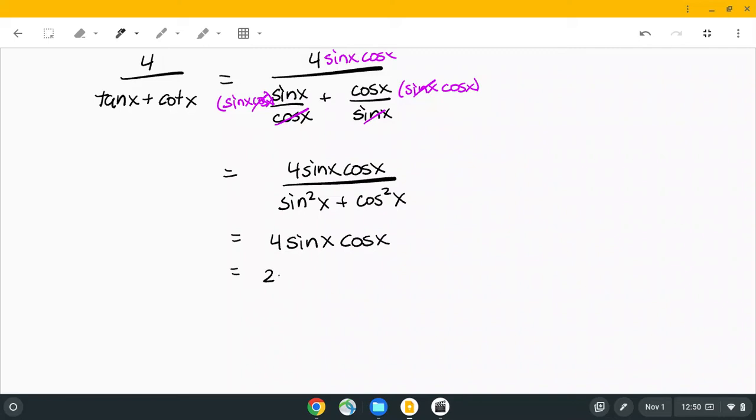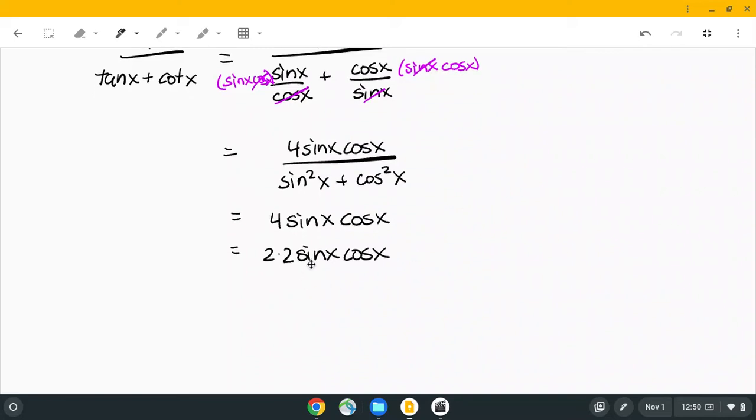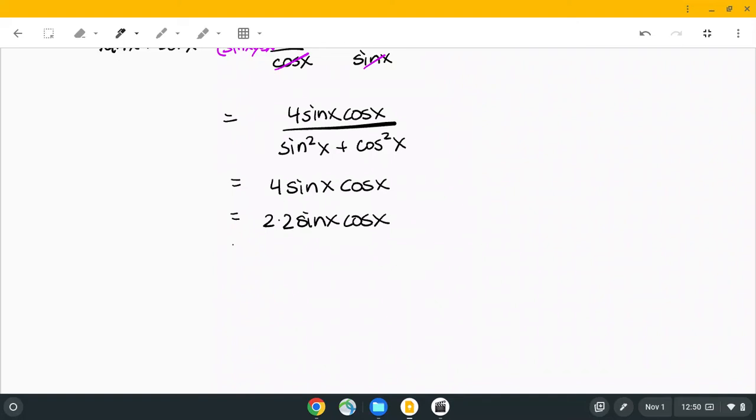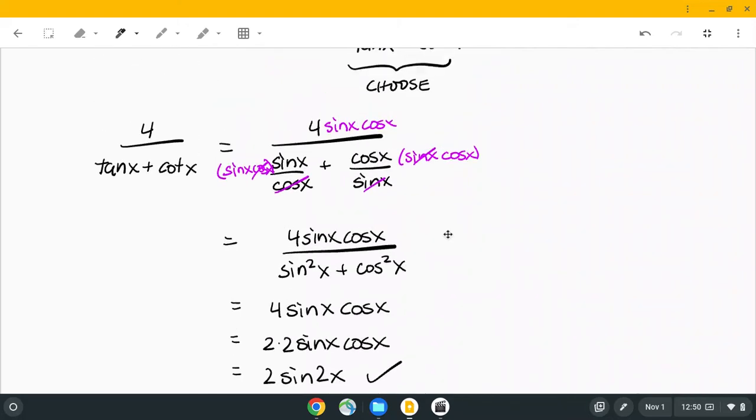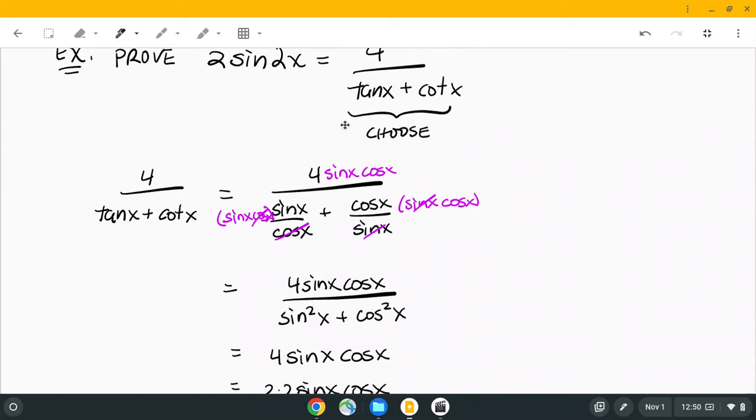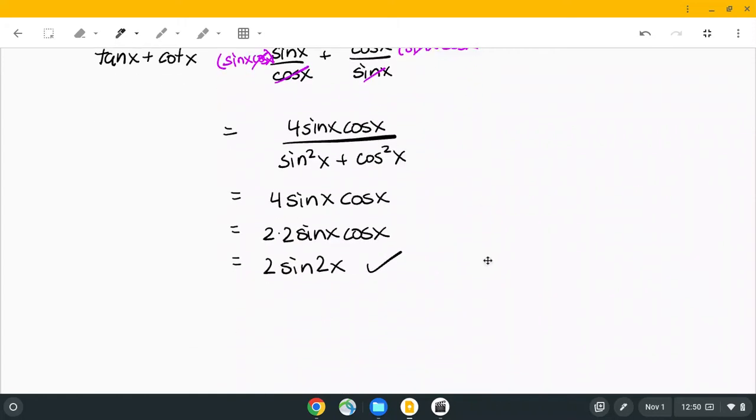But this is just 2 times 2 sine x cosine x. And 2 sine x cosine x is our, again, double angle for sine 2x. Okay, so this one is verified. We wanted it to say 2 sine 2x, and it does.